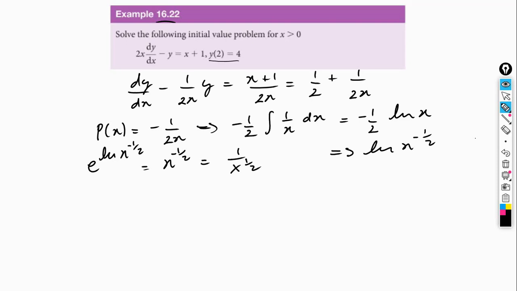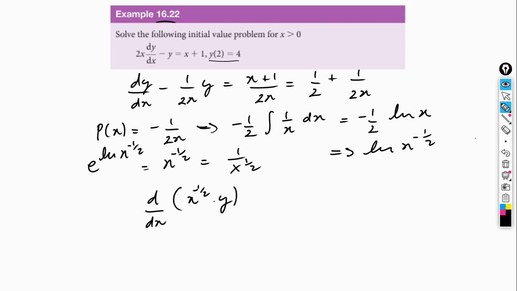So we're going to multiply both sides of the equation by this. And notice that we're going to get the derivative. So this is just the inverse of the product rule, right? So we would get the derivative of x to the minus 1/2, the integrating factor, times y.